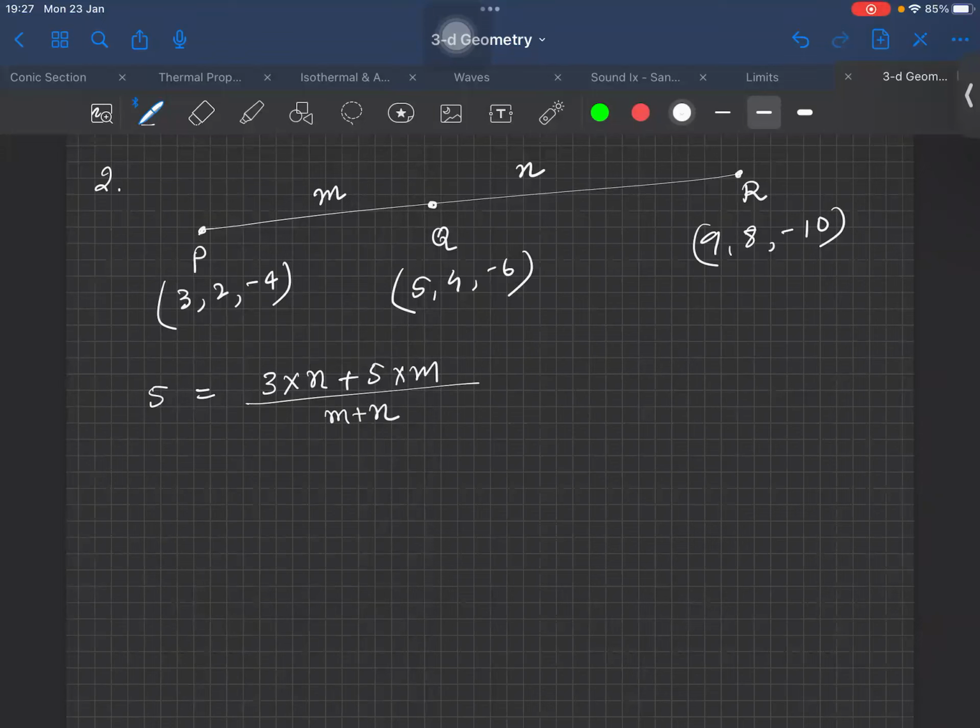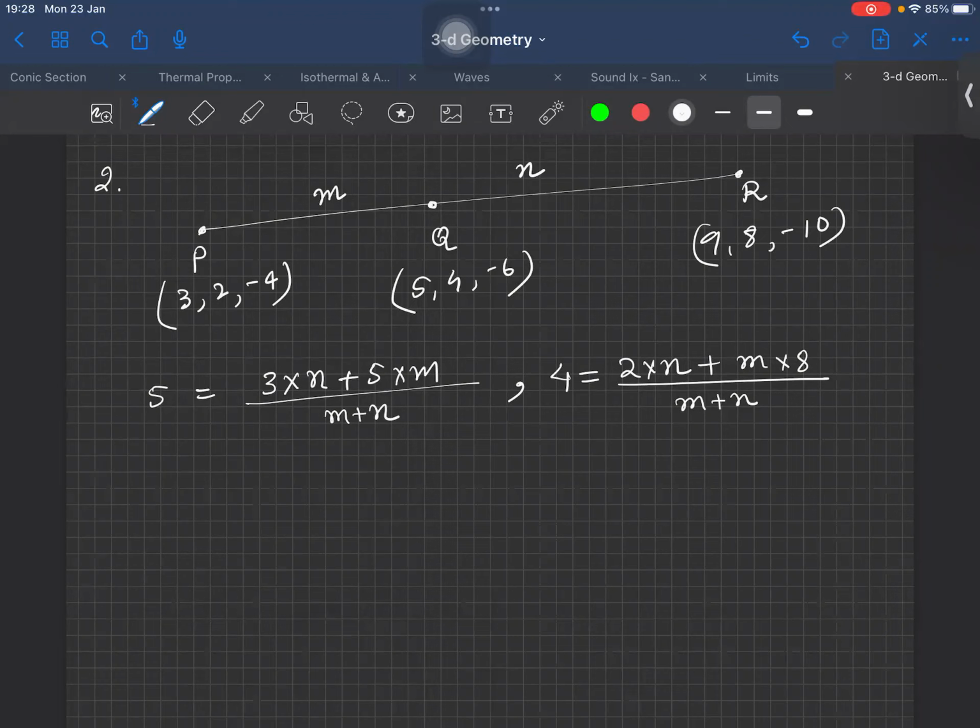From here we will get one equation in m and n. Then the y coordinate, that is 4, will be equal to (2 times n plus m times 8) whole divided by m plus n, right? So you have two equations, you have two variables, you can solve it.